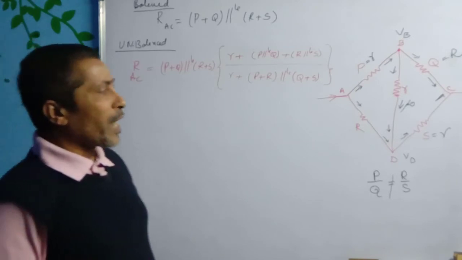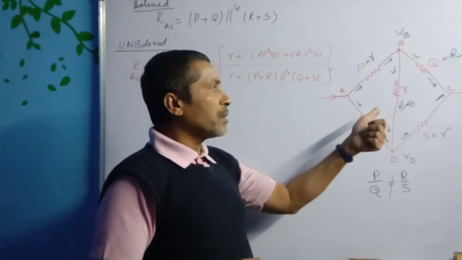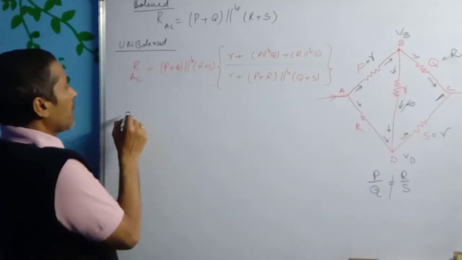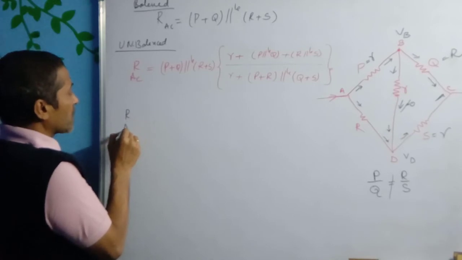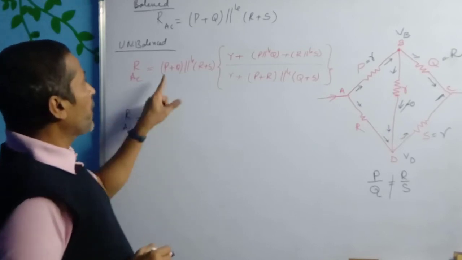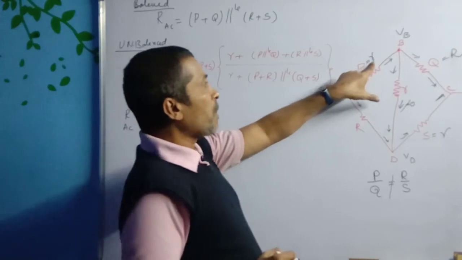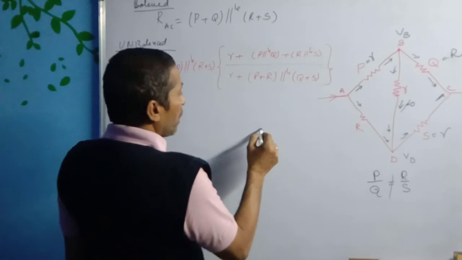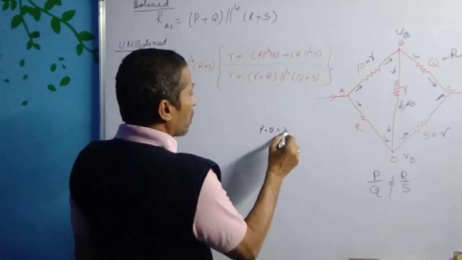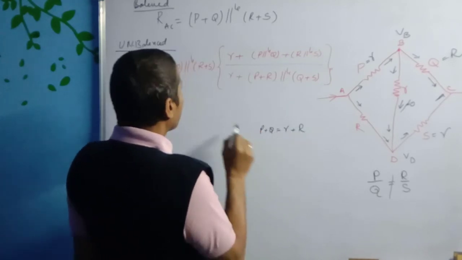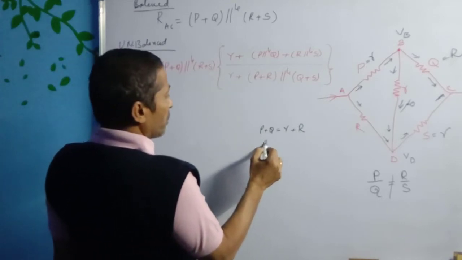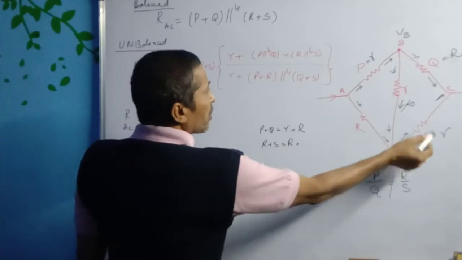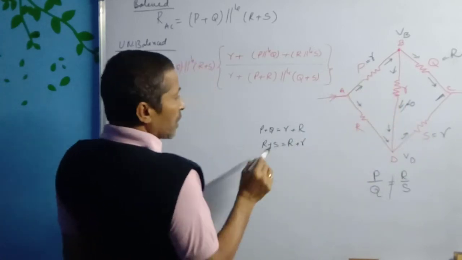Now you try to write the equivalent resistance for the circuit. Therefore, the equivalent resistance for the circuit is P plus Q. P is small r, Q is capital R. P plus Q is equal to small r plus capital R. R plus S is equal to capital R plus small r. Both are the same.